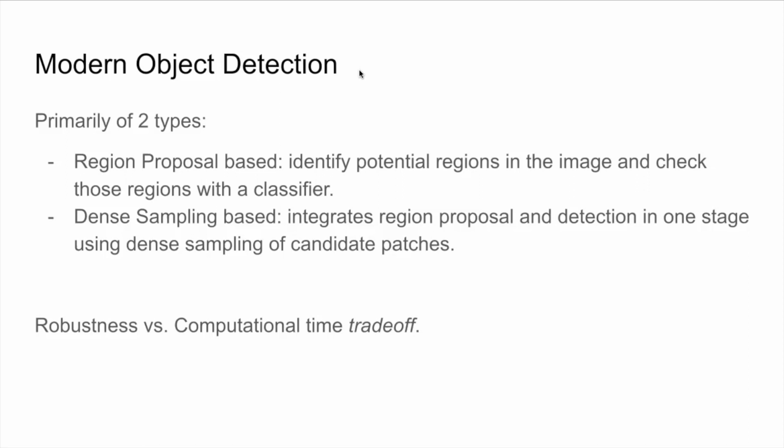It will find the region and the corresponding object such that the loss is minimized. This brings us to the trade-off between robustness and computational time. The region proposal based is more robust, but the dense sampling based are more computationally efficient, right?